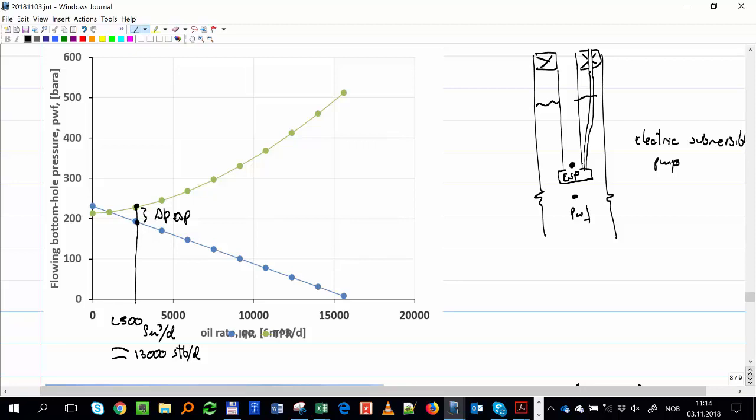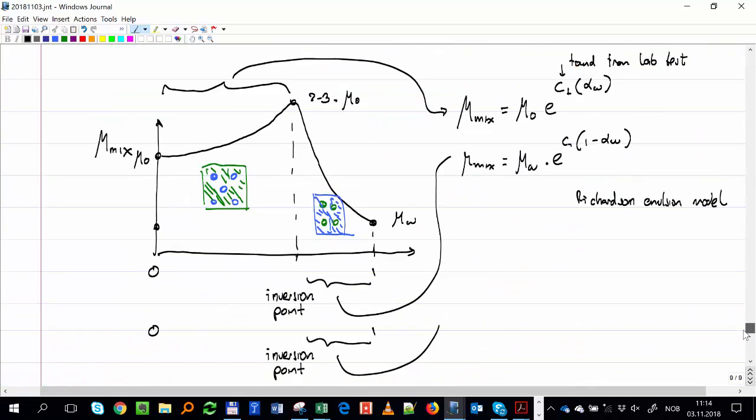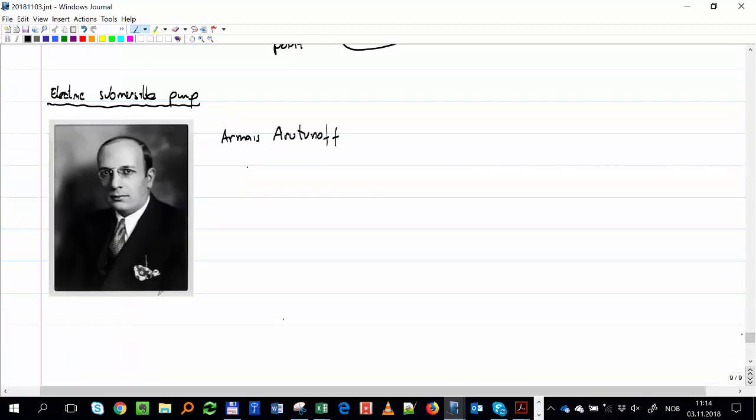And electricity with liquid, with water, doesn't work very well. So this guy worked a long time on that, and he went from Russia to Oklahoma around the 1930s, and he founded a company called Reda.